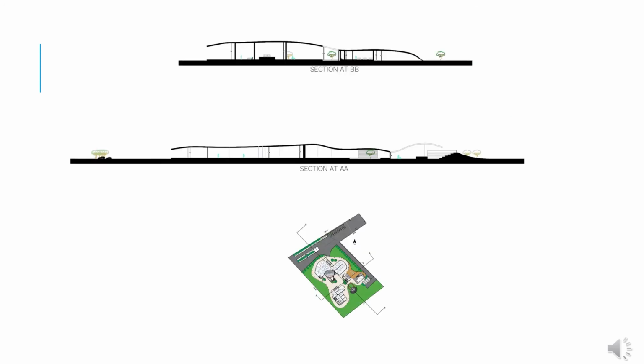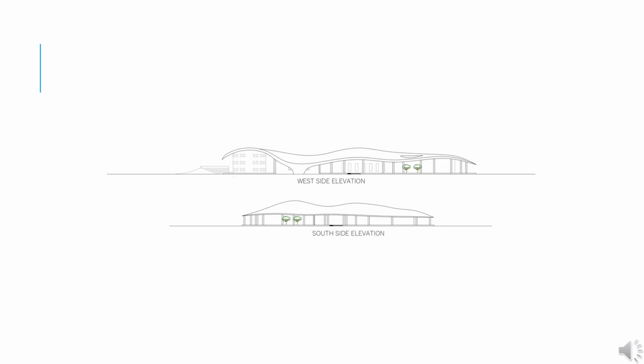Here in sections, we can see the profile of the roof, which creates the height difference between the spaces underneath. Here in elevation, we can see the roof profile as free flowing, hence creating rhythm.